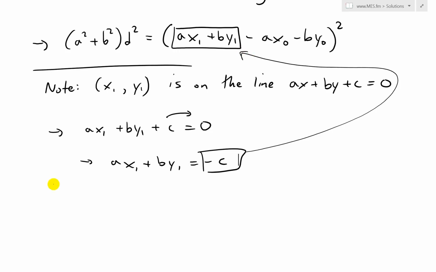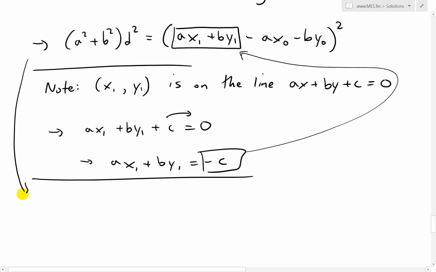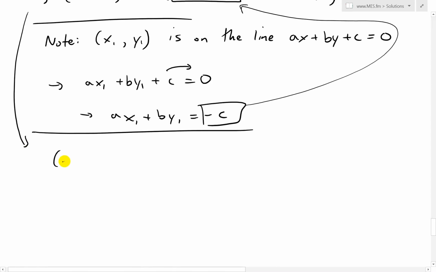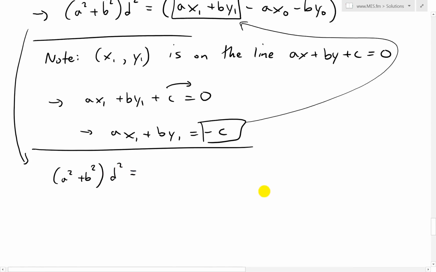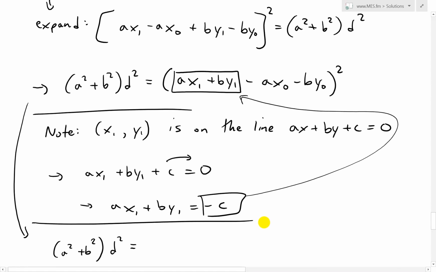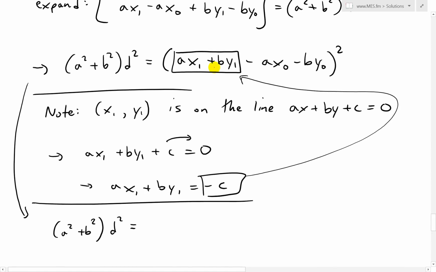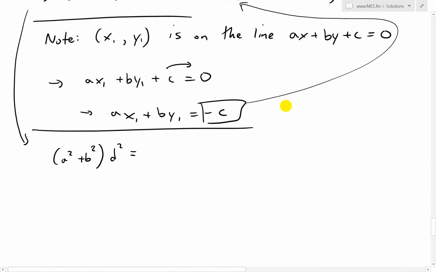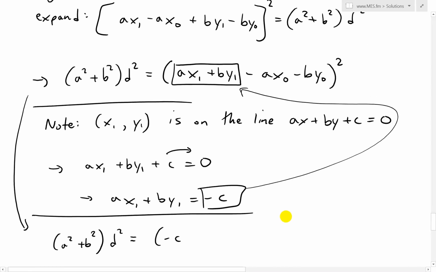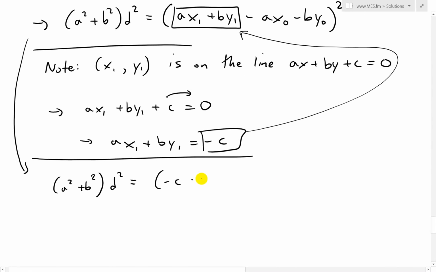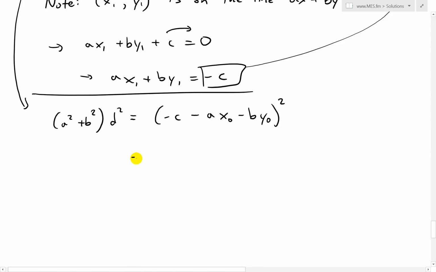So when we plug that inside, put this all down, what we end up having is a squared plus b squared, and then d squared equals, now we have a negative c like that. So we have negative c, and then negative ax0 minus by0, squared. Now these are all negative, we could just take that negative out.